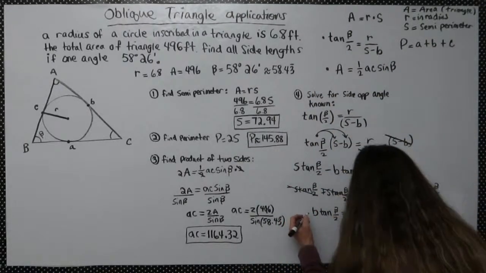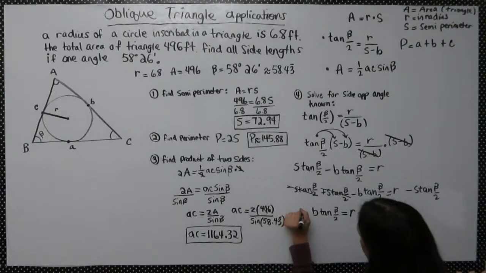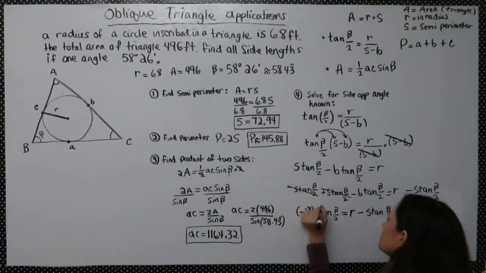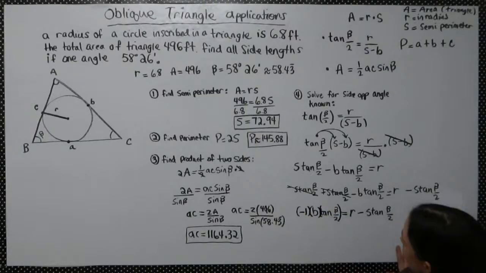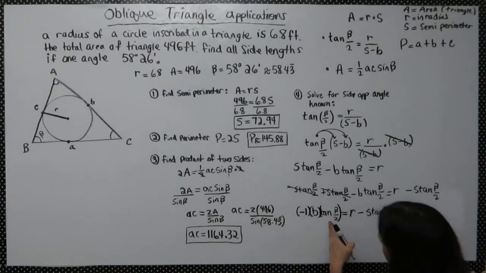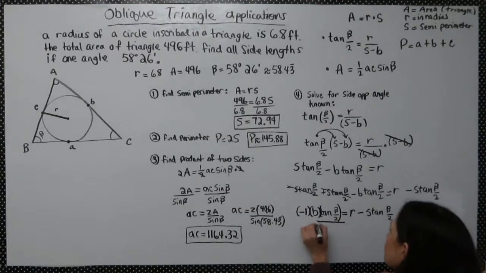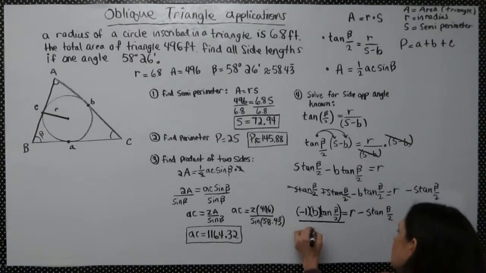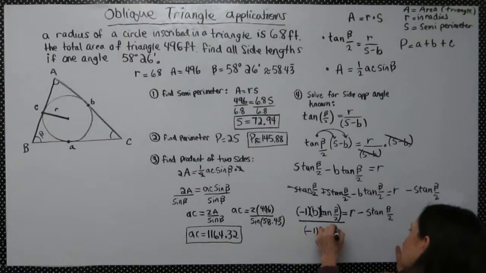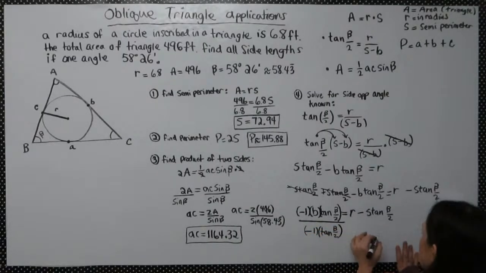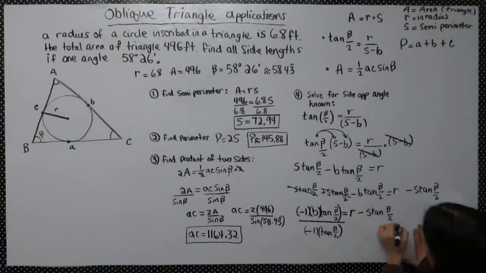So this right here is negative 1 times B times tan beta. Since these are all multiplied, and I'm solving for B, I need to divide off the negative 1 and the tan beta over 2. I can do that as long as I do it to both sides.